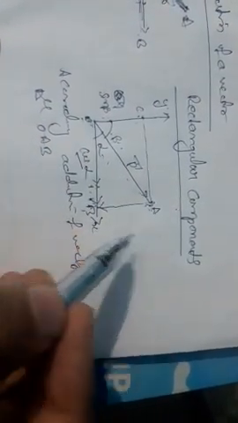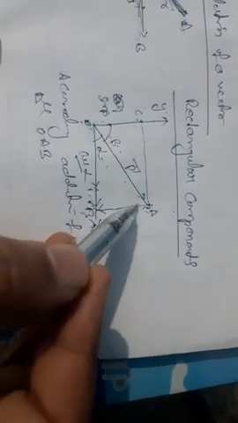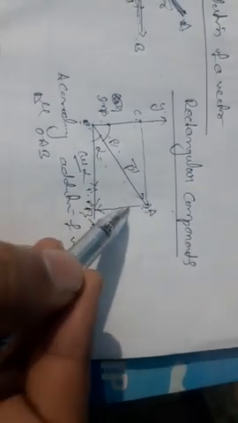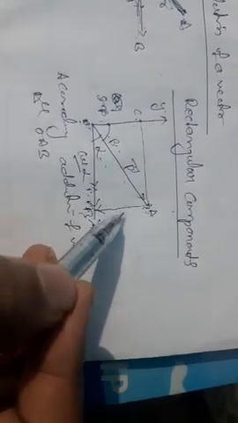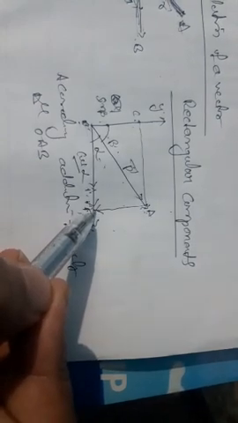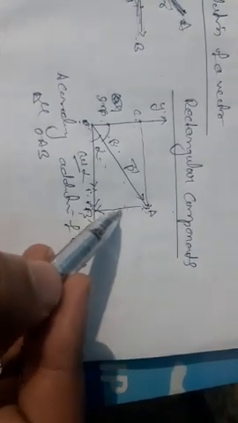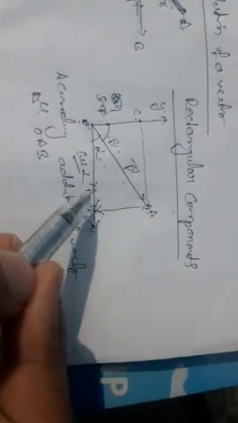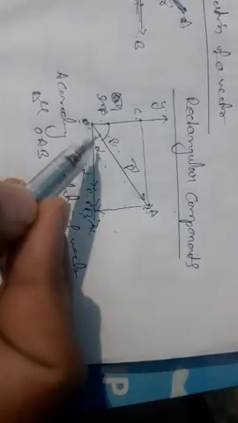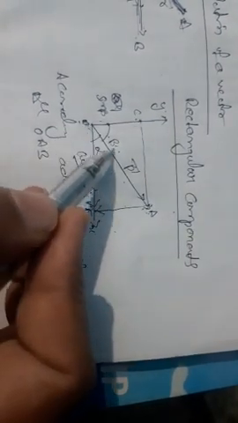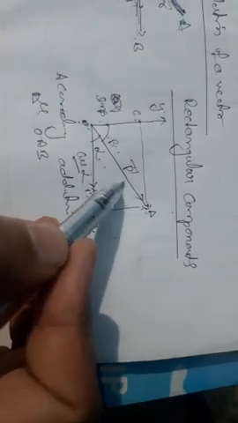The triangle law states that if two vectors are acting at a point, represented by magnitude and direction, the resultant line is also represented by both magnitude and direction.